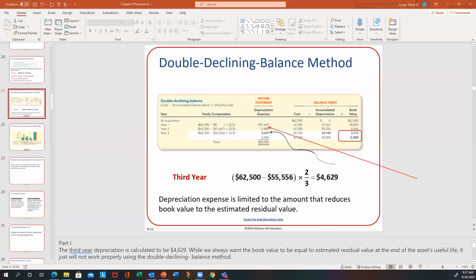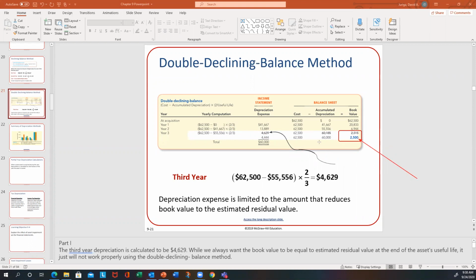So in this example, you have the first 2 years where you're following the formula, okay? And then you get to this book value in year 2. Notice you got 69.44. If you plug that into year 3 and multiply by the rate, you'd get 46.29. That would actually give you a book value that's less than 2,500.